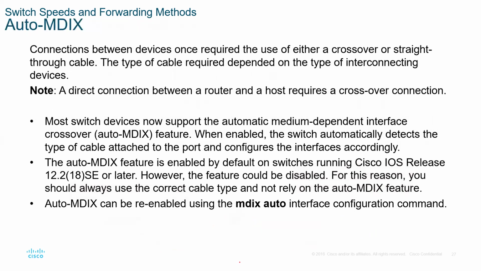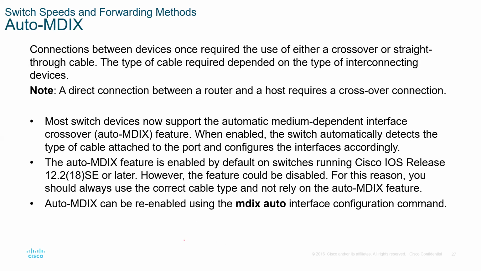Auto MDX. Connections between devices once required the use of either crossover or straight through cables. The type of cable required depended on the type of interconnecting devices. So in legacy Ethernet networks, older networks, we had different types of cables required when connecting different types of devices.